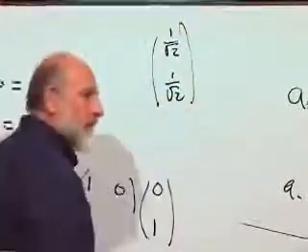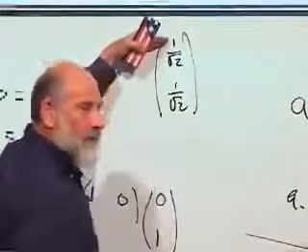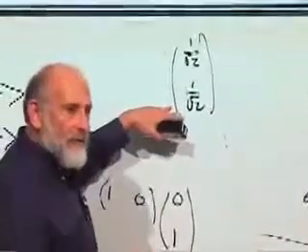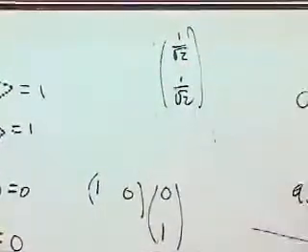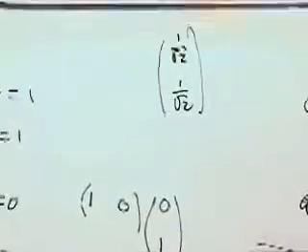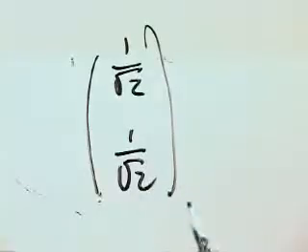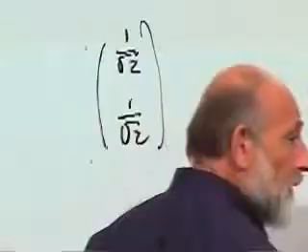Right. That's a state with equal probability, namely probability a half to find the electron up, and this one has probability a half to find the electron down. There are more states than just up and down, and in fact, this one corresponds to what you would create if you created the electron pointing in the horizontal direction.